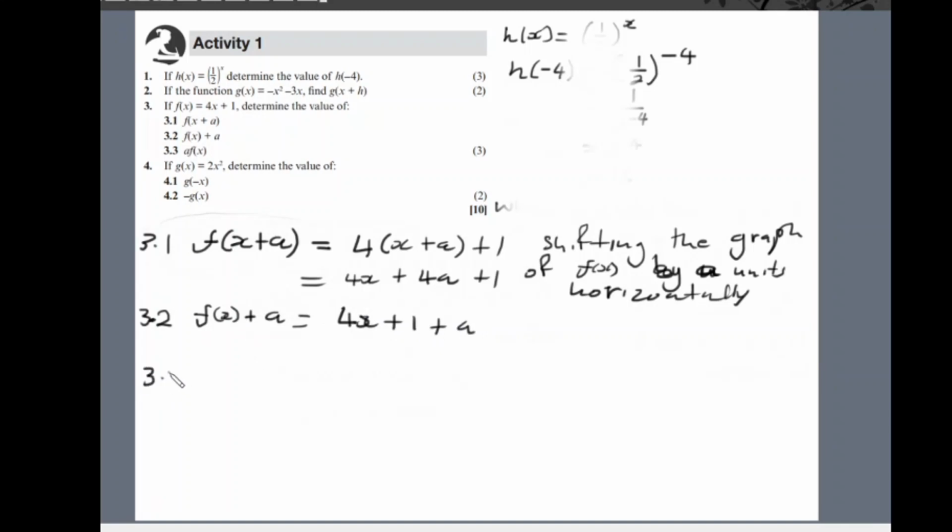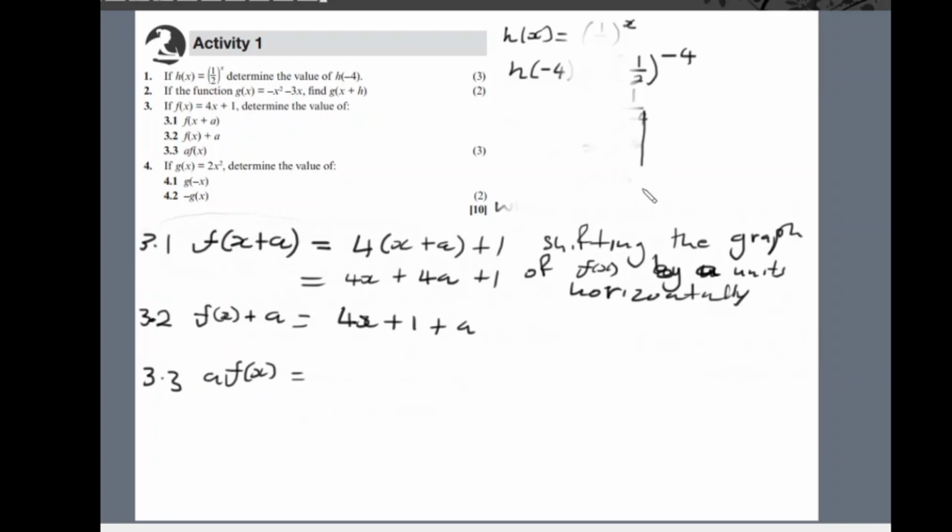3.3, a times f of x, right? Here we are also transforming the graph of f. Depending on the value of a, we are either shrinking the graph of f or expanding it.